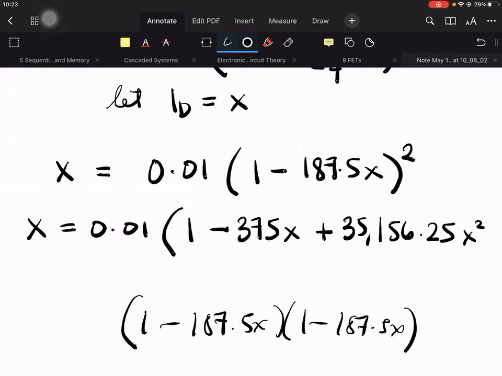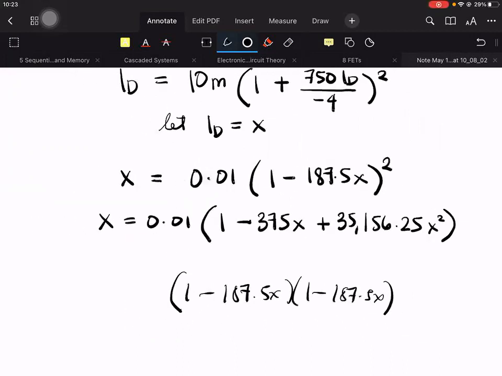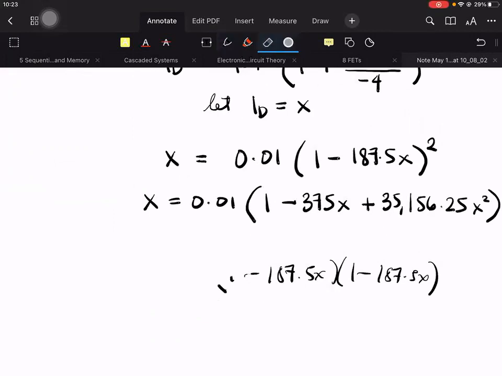X squared. Okay, ako lang i-expand. Nothing fancy pa. Next, we distribute 0.01.